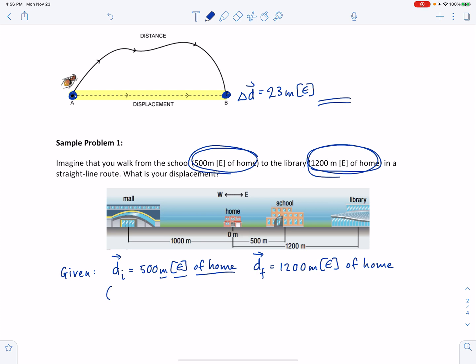Note, you can also use D1 for initial position and D2 for final position. You'll find that some textbooks and some questions interchange these both. The important thing to know is which comes first and which comes second.